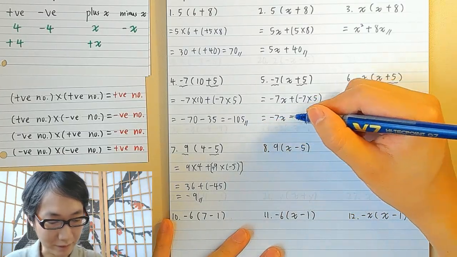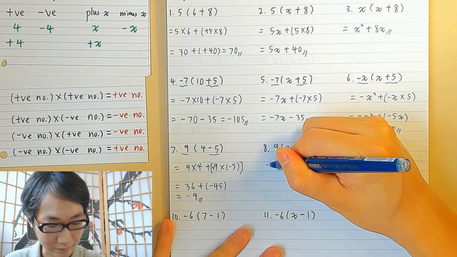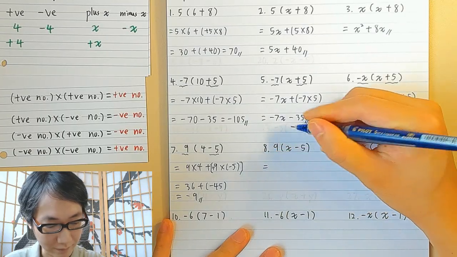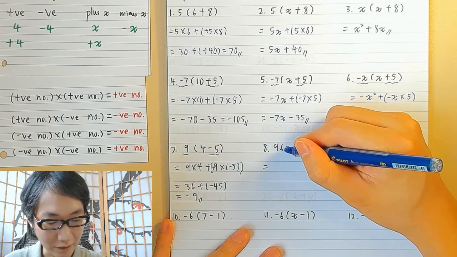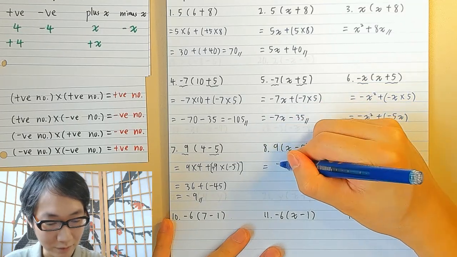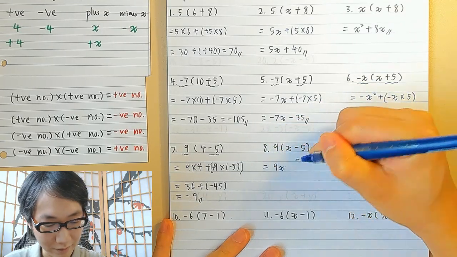So next, 8. First term, positive 9 plus x times together, so 9x.